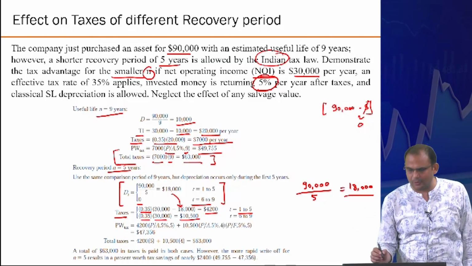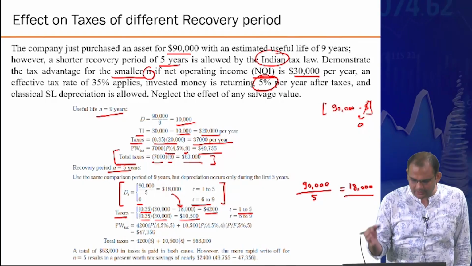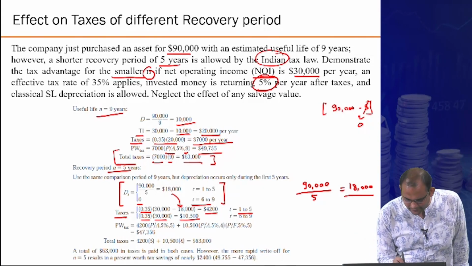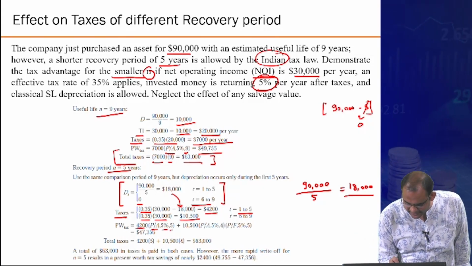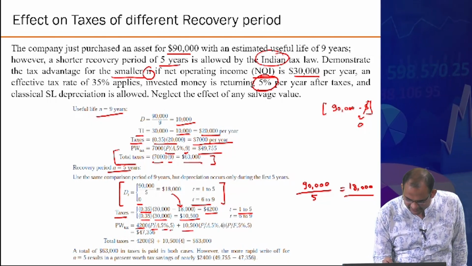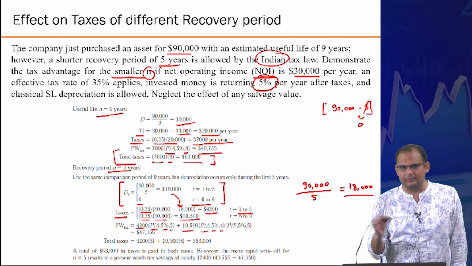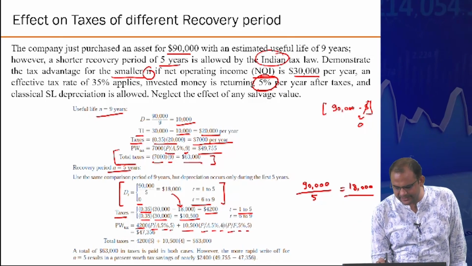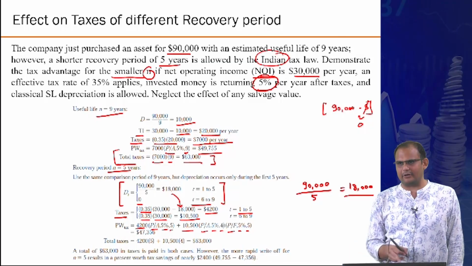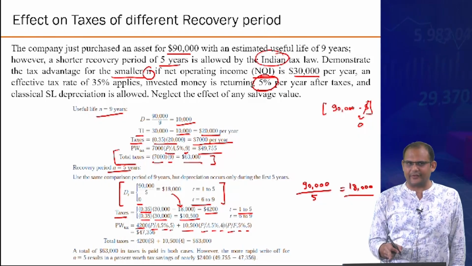So this comes out to be $10,500. Now take the present worth of the total tax: 4,200 P by A 5% 5, plus 10,500 P by A 5% 4, adjusted by P by F 5% 5. This calculation is fine, or you are not able to understand? I think this is fine.